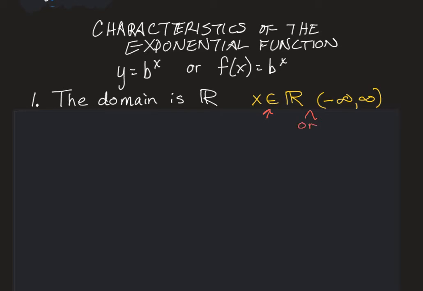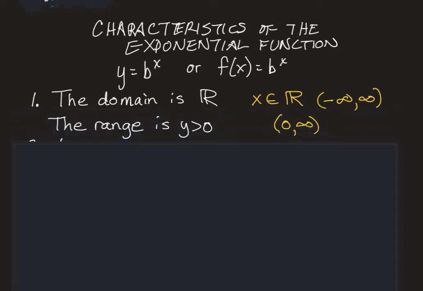Or it can be written as negative infinity to positive infinity, put in parentheses because we can never reach either negative infinity or positive infinity. Likewise, the range is y greater than 0, or it could be written with parentheses so that it stretches from 0 to positive infinity.